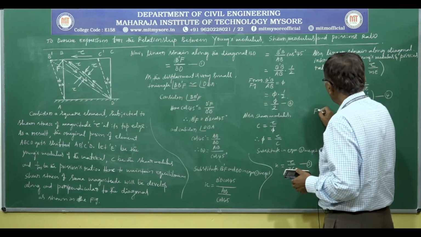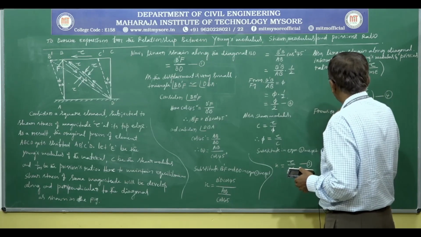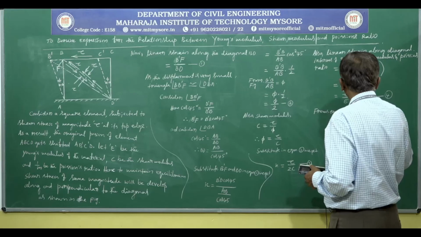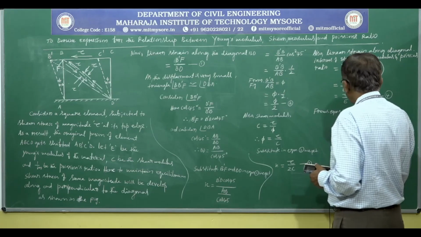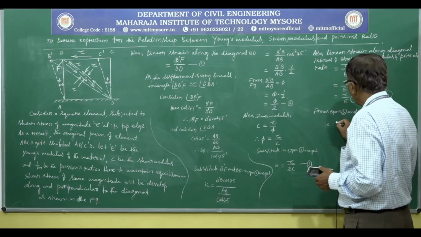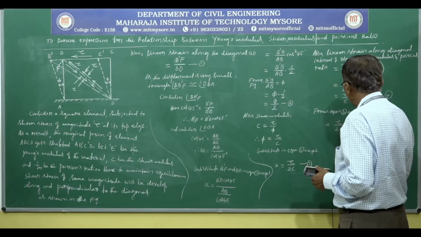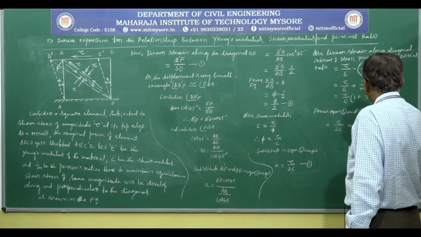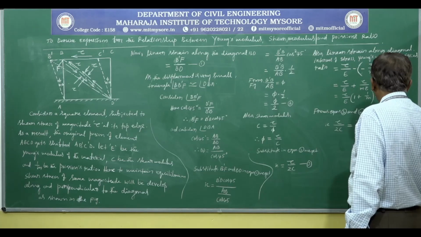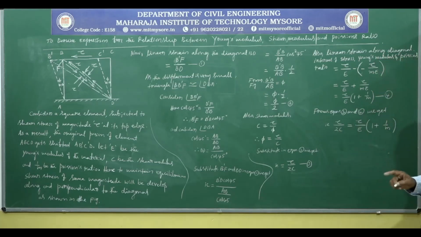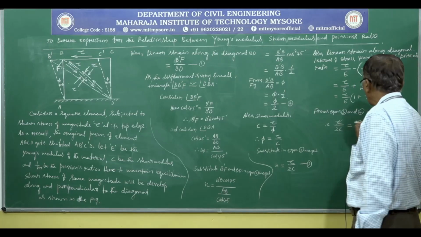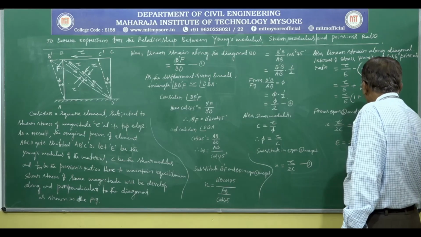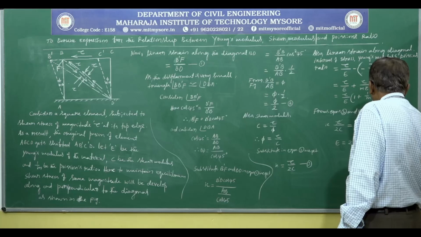Next, from equations 3 and 4, we get tau divided by 2C is equal to tau divided by E into 1 plus 1 over m. Both are linear strain. So tau gets cancelled, therefore E is equal to 2C into 1 plus 1 over m.